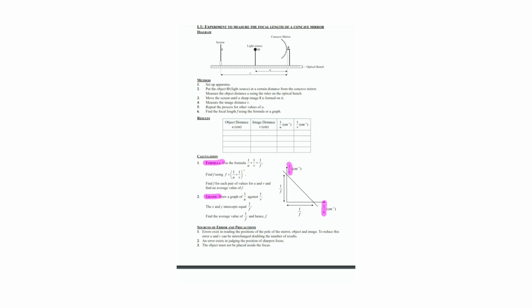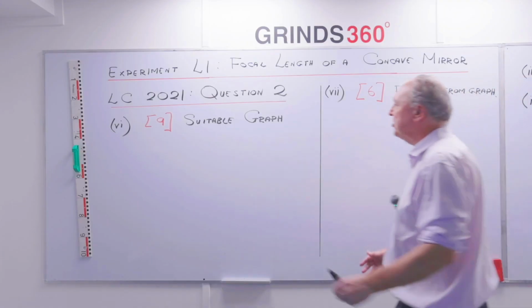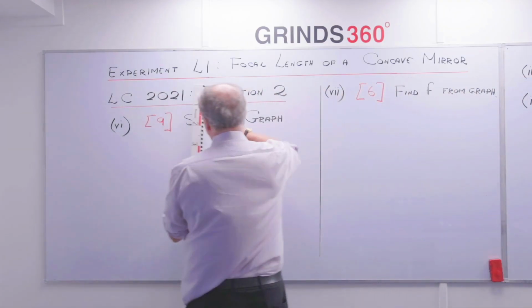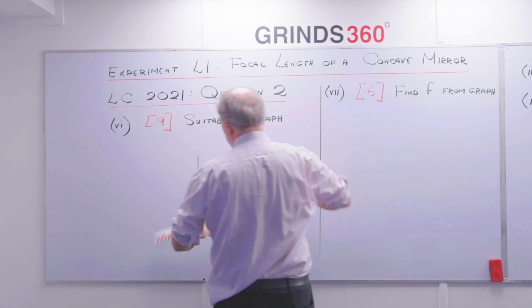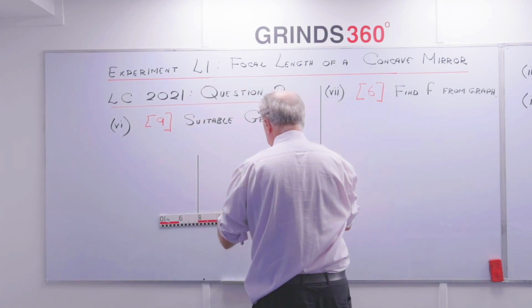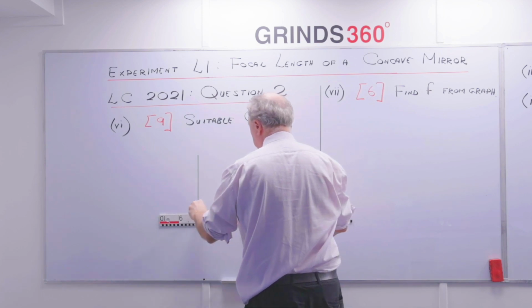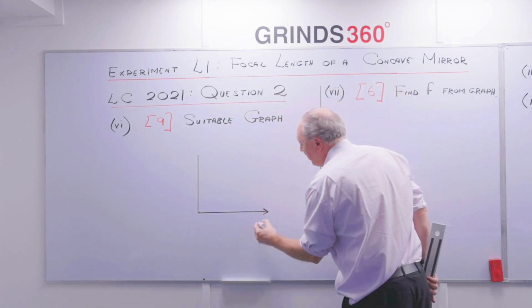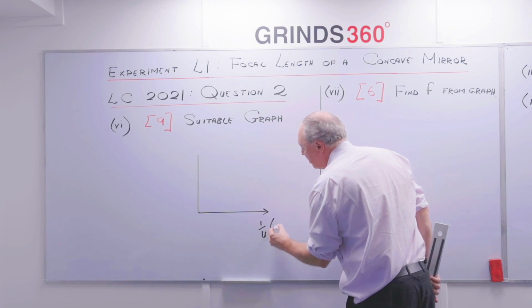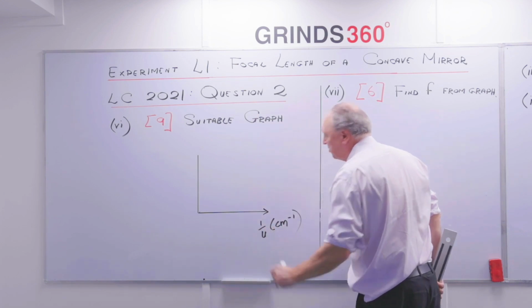So let me show you that in more detail on the board. So they're asking me to draw the suitable graph. So just a sketch of it, because we don't have any results for it. So I've got my axes. And I'm going to put 1 over U on the x-axis. And its units are centimeters to the power of minus 1.